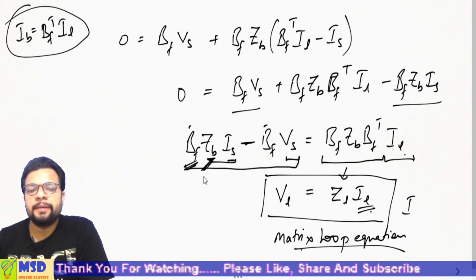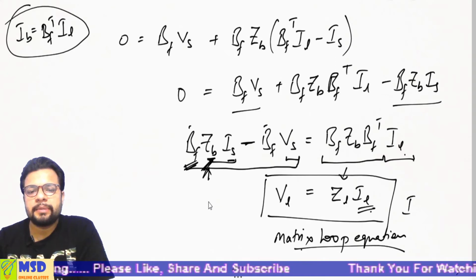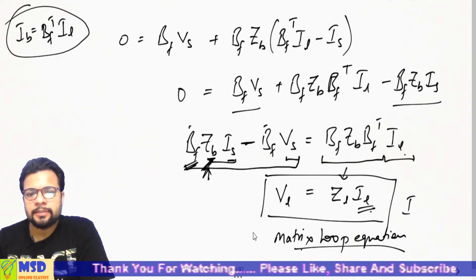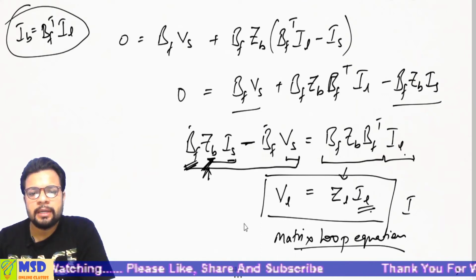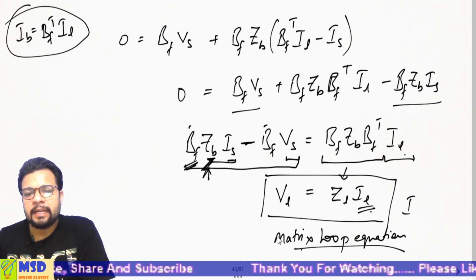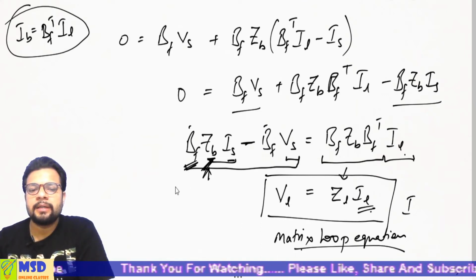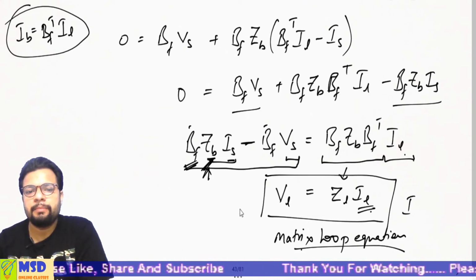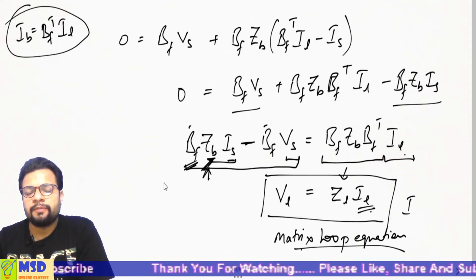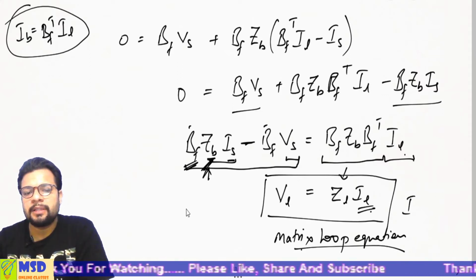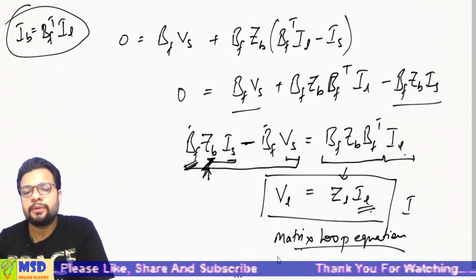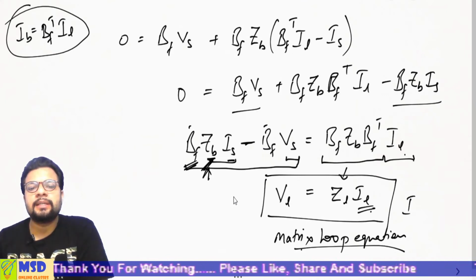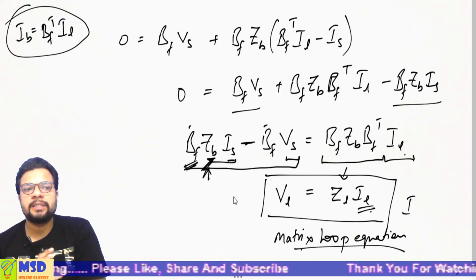Now this ZB is your branch impedance matrix. It is a diagonal matrix of B cross B order, and every diagonal element is the impedance of every branch. For example, you have 5 branches, so it would be a 5 cross 5 matrix with diagonal elements equal to Z1, Z2 and up to Z5, provided there is no mutual coupling between various branches.